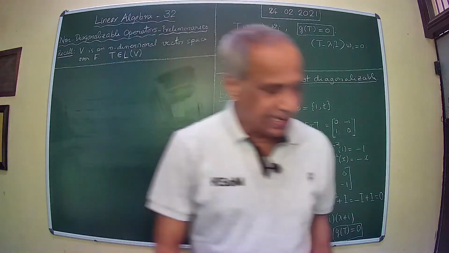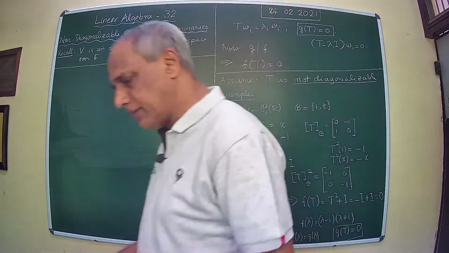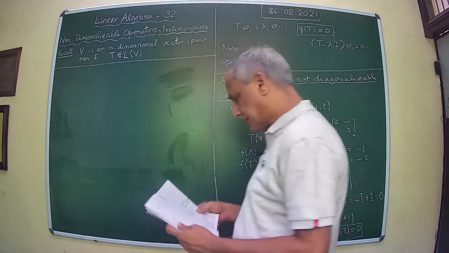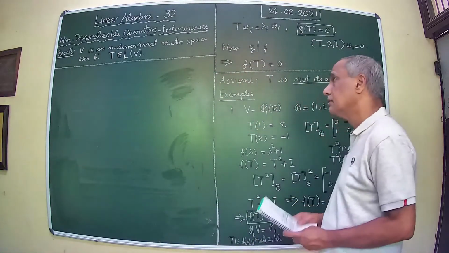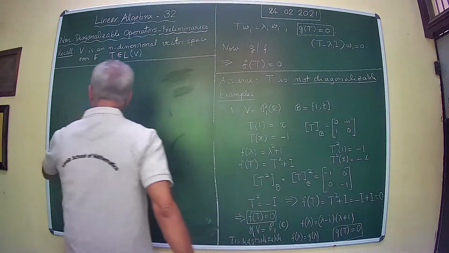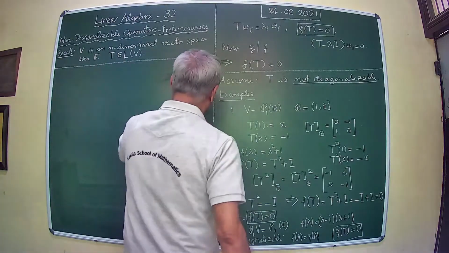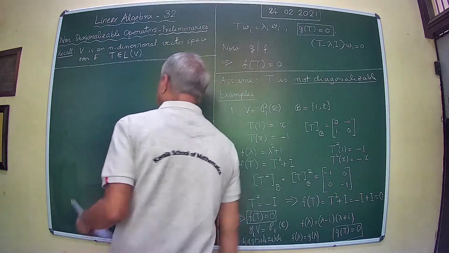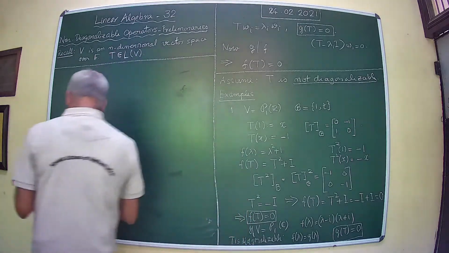So let us take this example. This example we have considered earlier and we have done extensive analysis of this to some extent, but we have not completely explored the whole thing. Okay, so let us consider example 2.